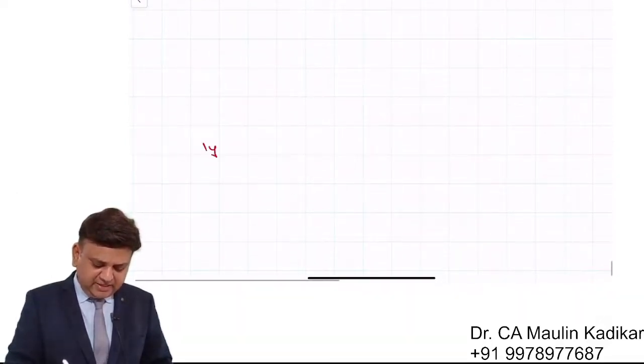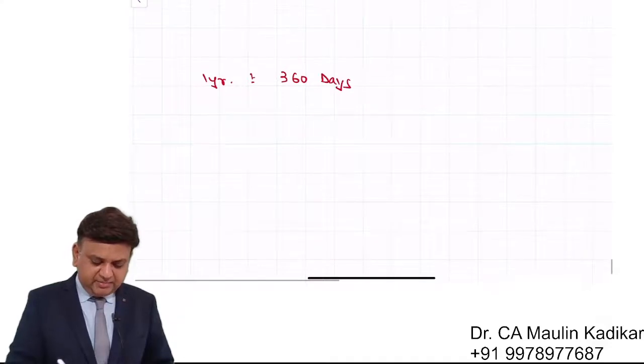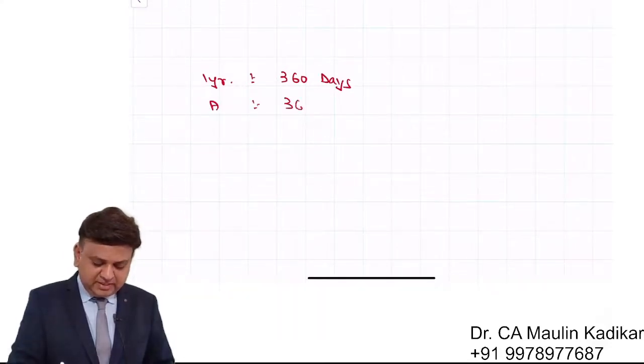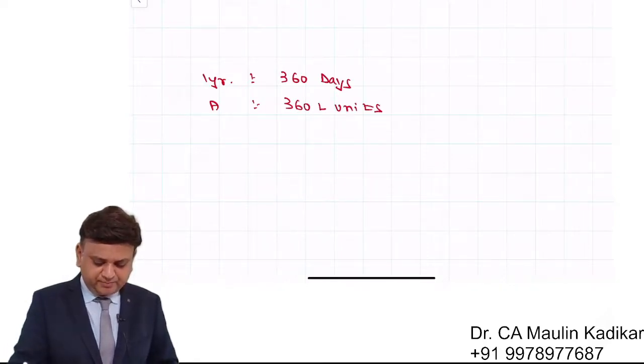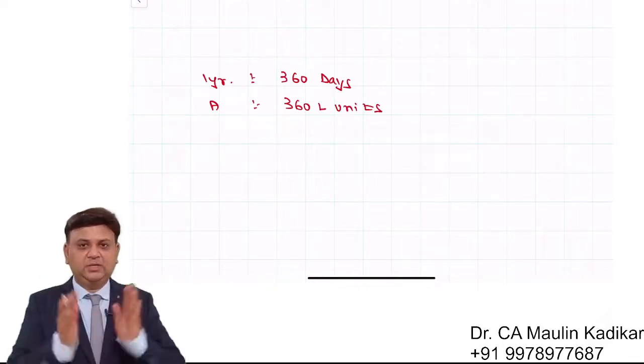Let us say that 1 year consists of 360 days and a company has an annual consumption of raw material, let us say 360 lakh units. So 360 lakhs, 360 days.